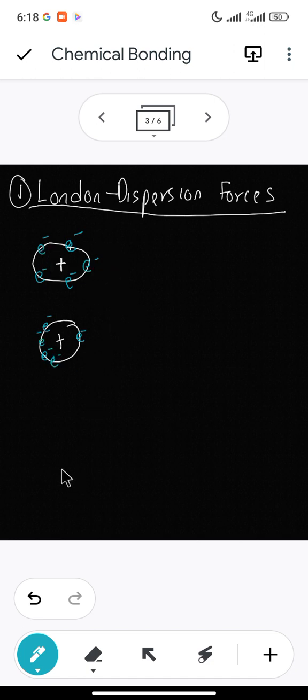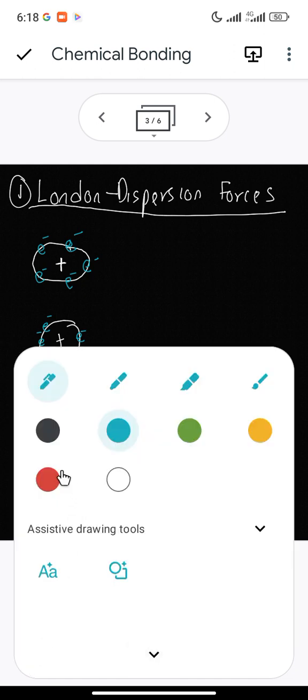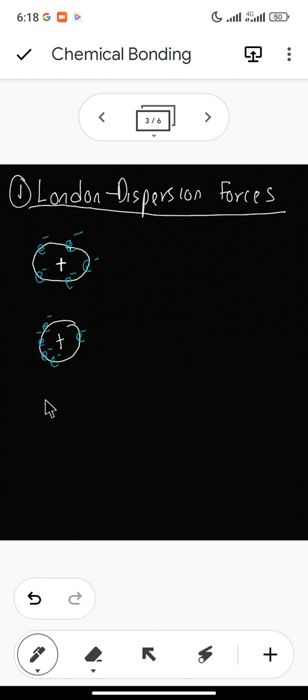But this has become a dipole, so you're going to have a slightly negative side and a slightly positive side. Now, this has become a temporary dipole.